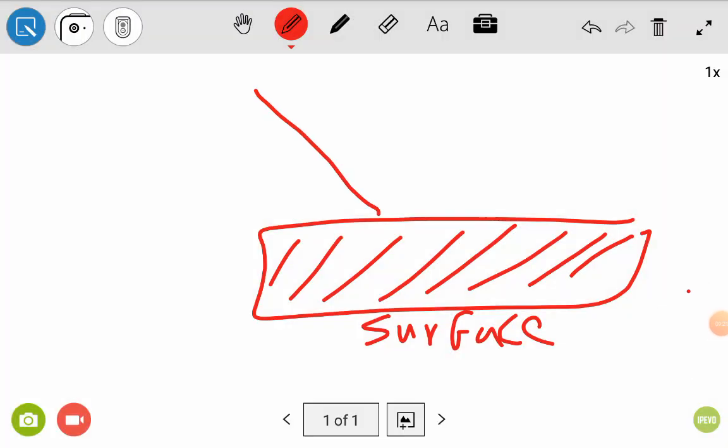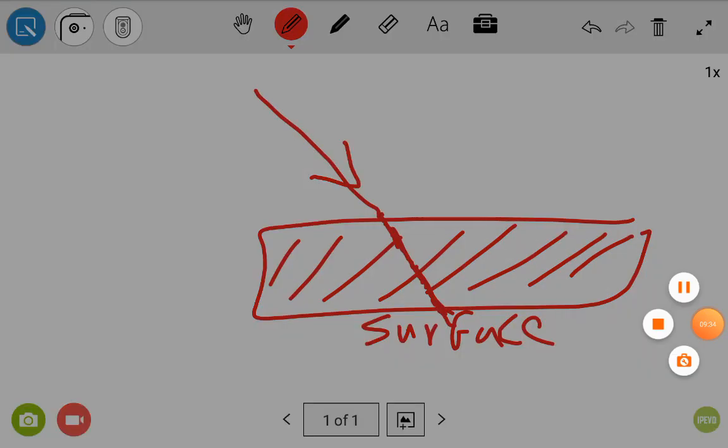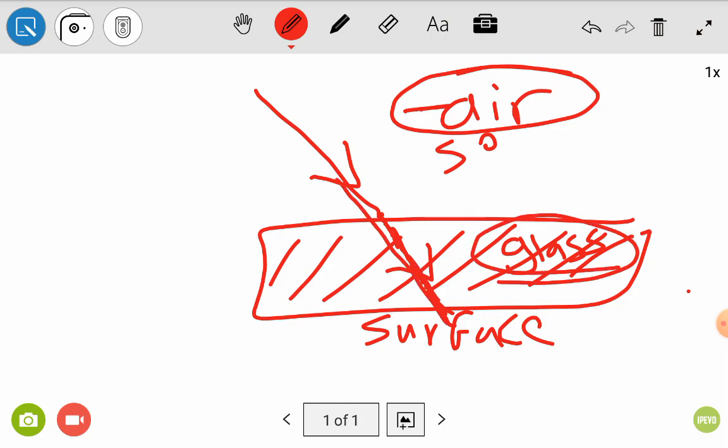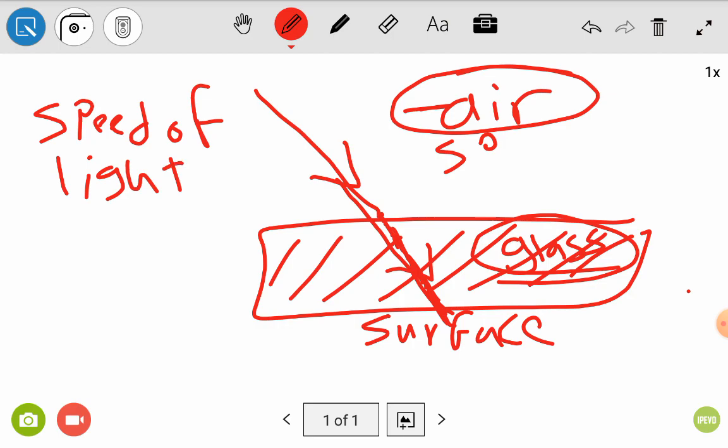Here guys I have an incident beam. This incident beam will go through this surface, this substance. If I have an incident beam in air, it will go through a substance, for example glass. I know the speed of light in air equals 300,000 kilometers per second.